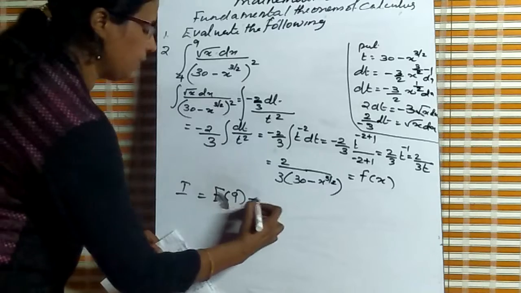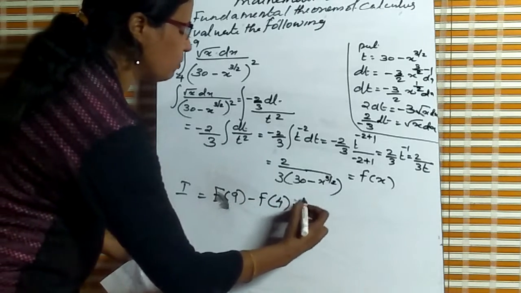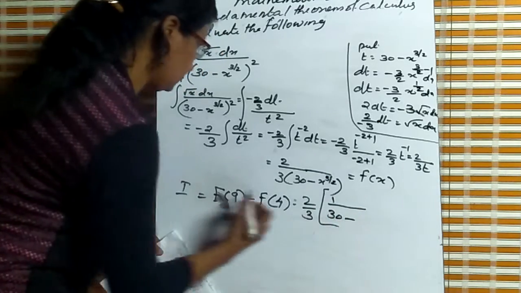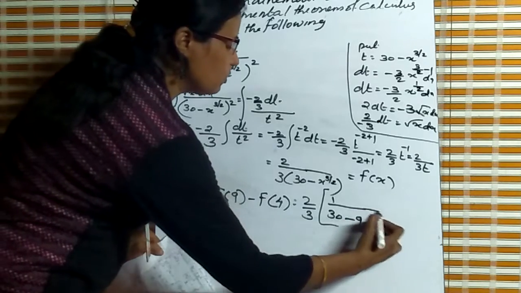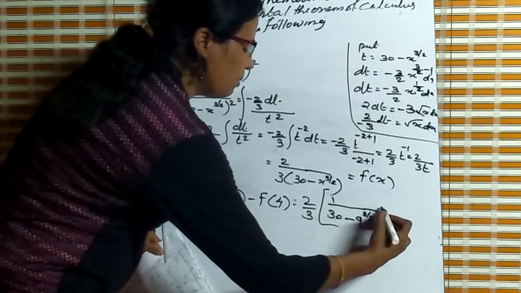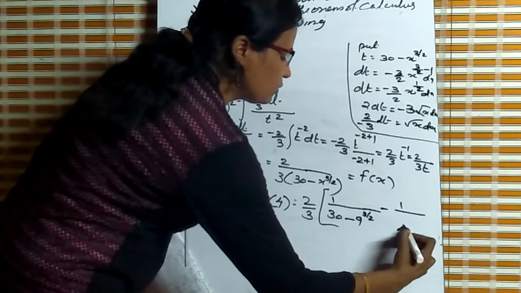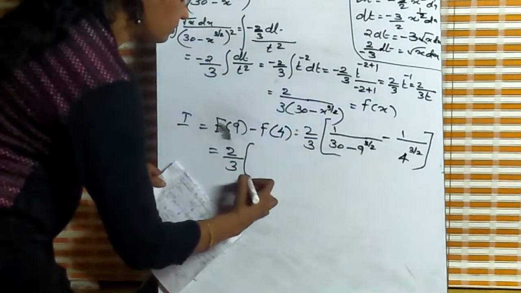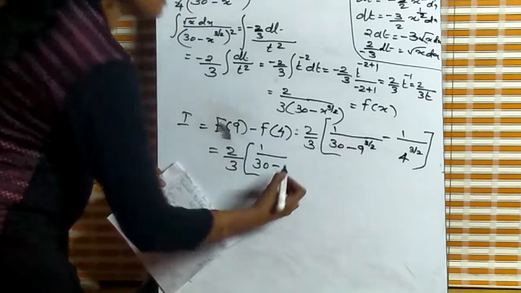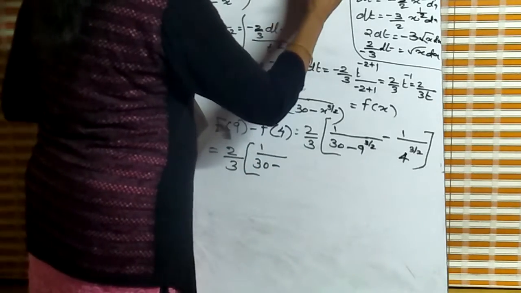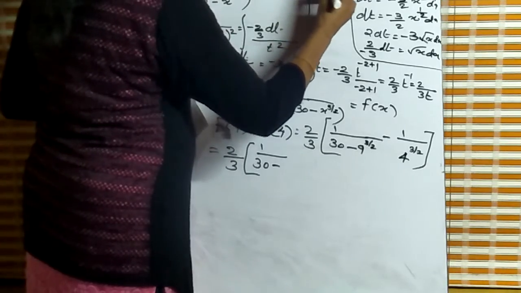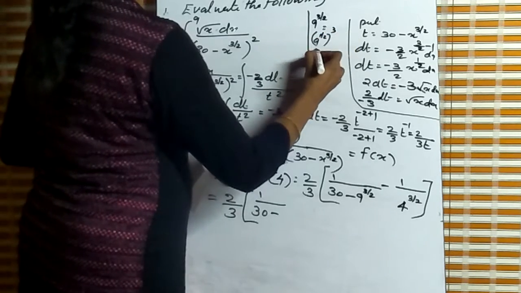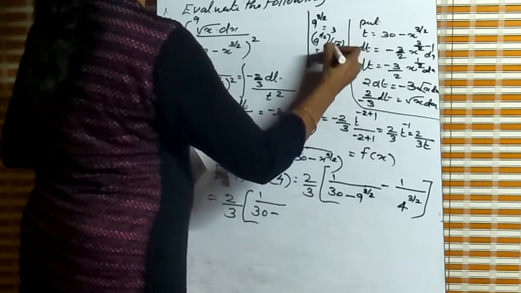F(9) minus F(4) is equal to 2 by 3, taking common outside, into 1 divided by (30 minus 9 raised to 3 by 2) minus 1 divided by (30 minus 4 raised to 3 by 2). Now 9 raised to 3 by 2 is square root of 9 raised to 3.